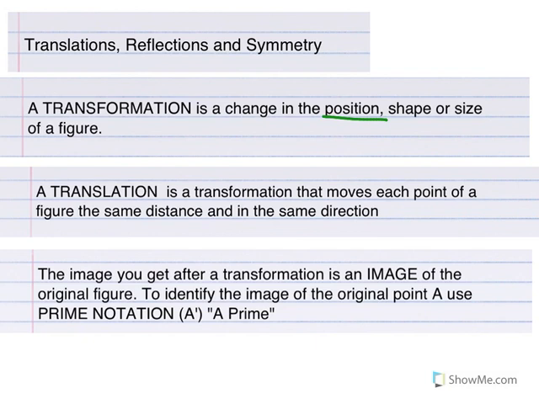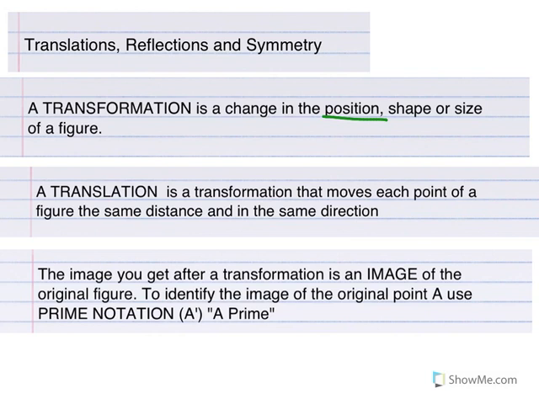Once we have done a translation, you'll be able to see that the image you get after a transformation is an image of the original figure. We use that vocab word image just to keep straight what was the original, and this is a copy of that. To identify the image of the original point A, we use prime notation.